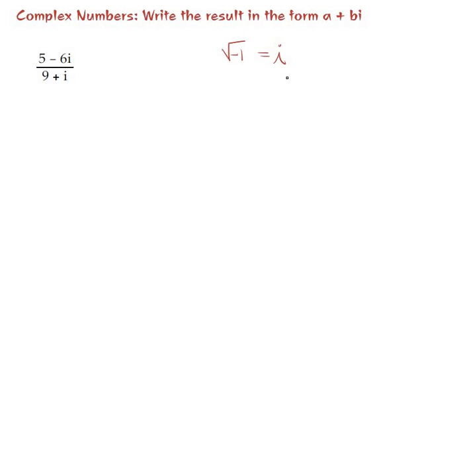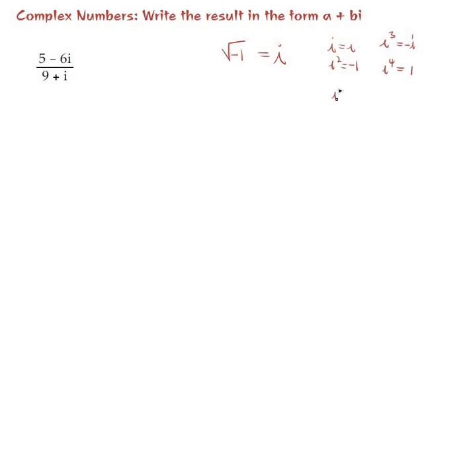There's a sequence that i follows: i is i, i squared is equal to -1, i cubed is equal to -i, and i to the fourth is equal to +1. The cycle repeats every fourth power.